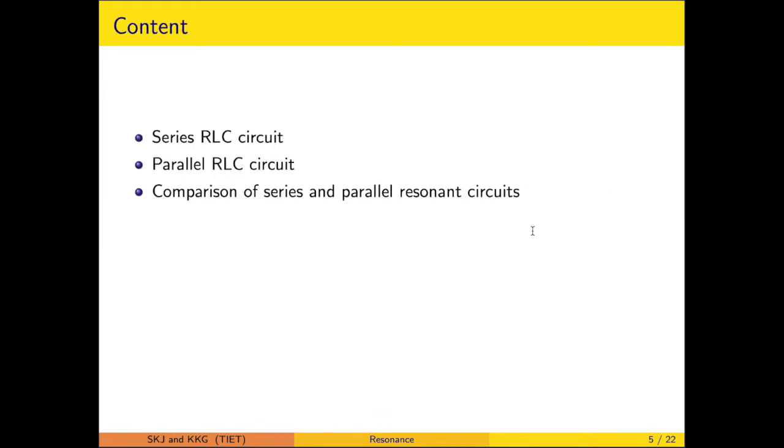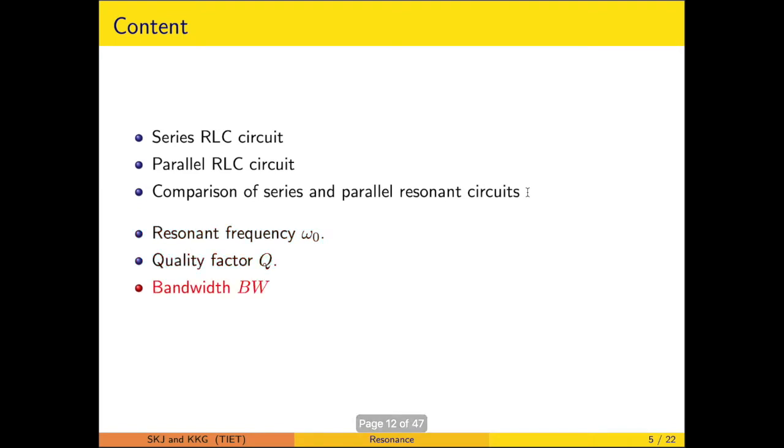As mentioned, we are going to discuss the series RLC resonance and the resonance in parallel RLC circuits. Thereafter we will make a comparison of the series and parallel resonant circuits. The parameters of interest are the resonant frequency, the Q factor (quality factor), the bandwidth, and the half power frequency.